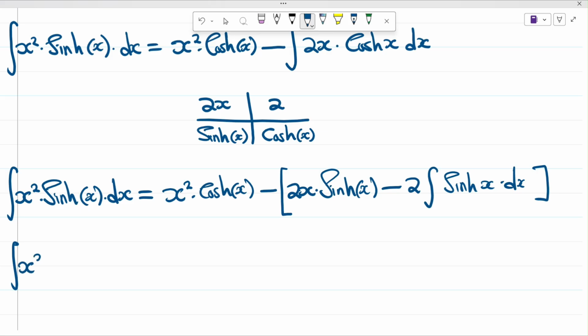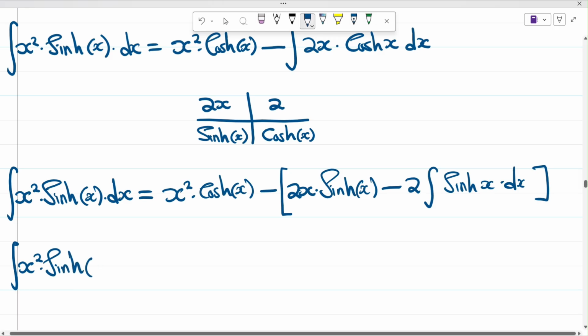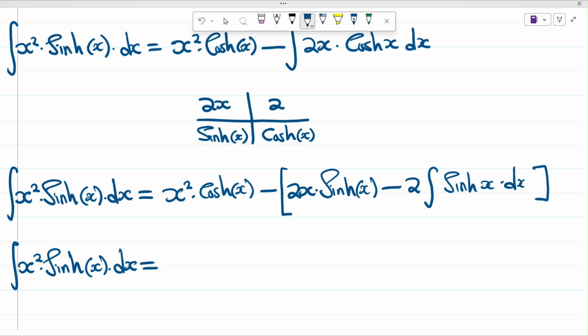Then what I'm going to do now is to copy everything back again. So this is going to be x squared hyperbolic sine of x dx is equivalent to x squared hyperbolic cos of x minus, and then I open my bracket. I'll multiply by the negative sign after, guys.